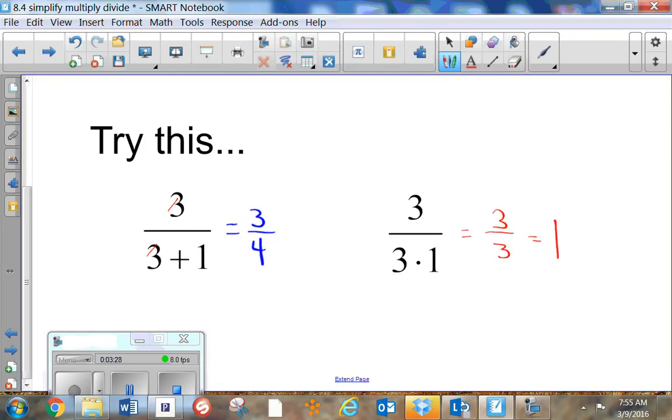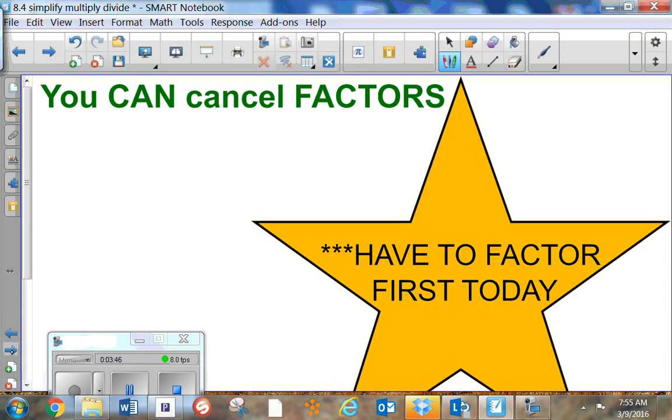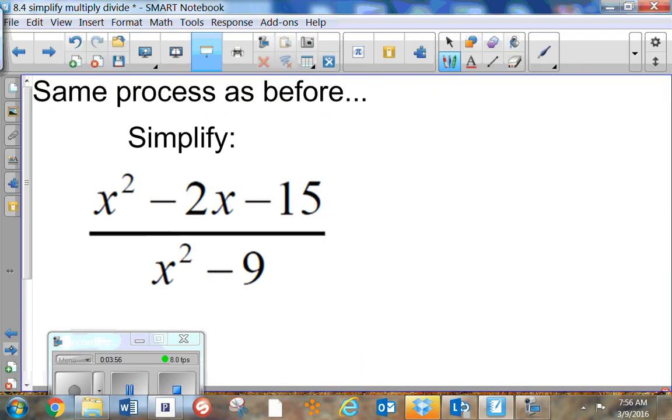And also, since all these are factors, if I cancel those common factors, I still get 1 over 1. So that's proof with just numbers that this does not work. You can't cancel the 3's here, but you can with those common factors. So you can cancel all factors, which is why we have to factor first today, just to get all this down. So let's start with our first one.